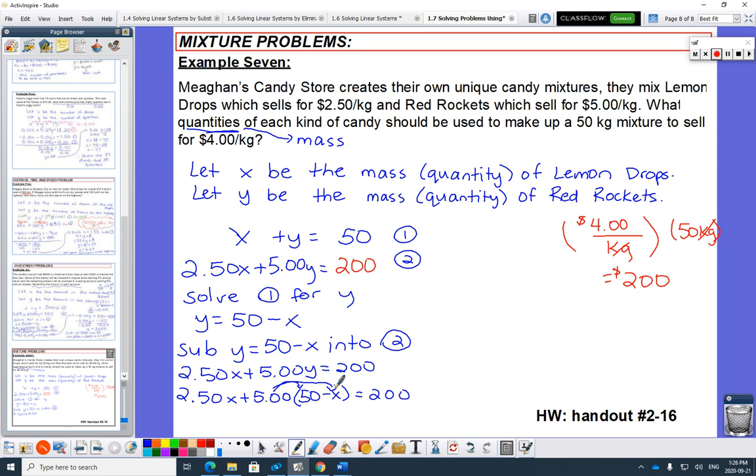Even though this says 5.00, do I really have to type 5.00 on my calculator? No, you can just use 5, right? So you can streamline things sometimes.